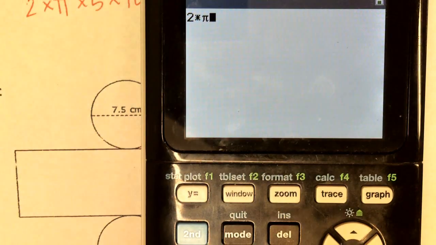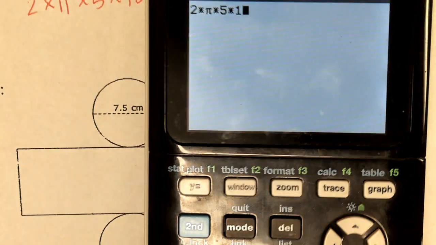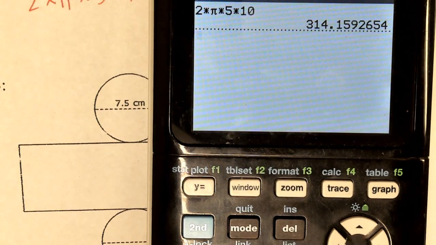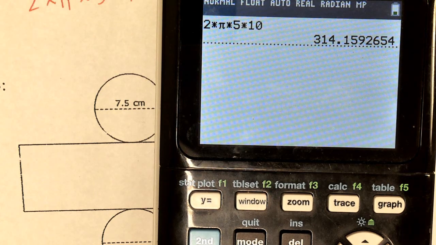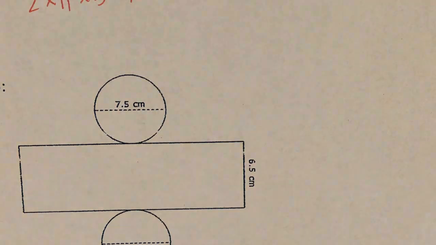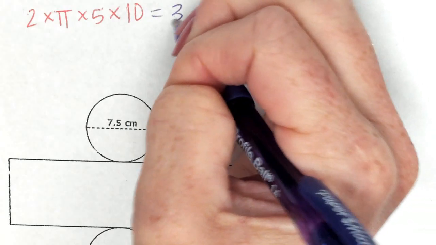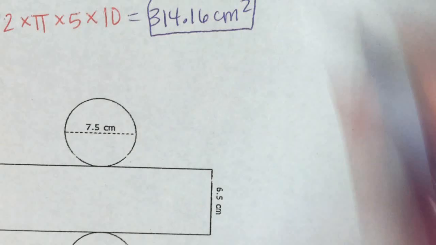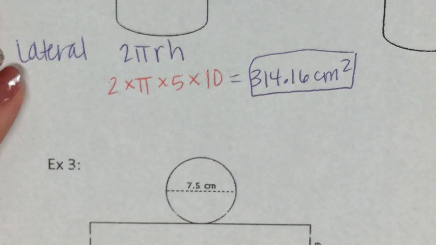So 2 times pi times 5 times 10, and what is my answer? If I round to the hundredths, 314.16. So my answer is 314.16 centimeters squared.